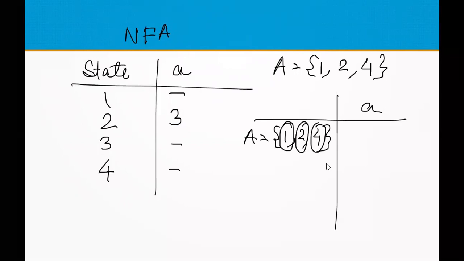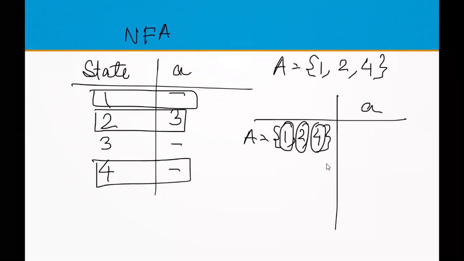So 1 on small a is this, 2 on small a is this, 4 on small a is this. So the union of all of this is 3. All I have is 3. So out of these 3 states, only on state 2, there is a transition to state 3 on input symbol A.